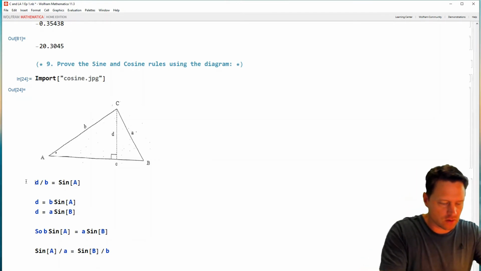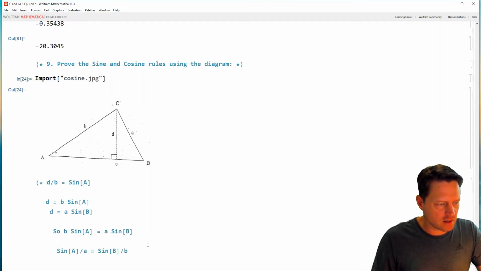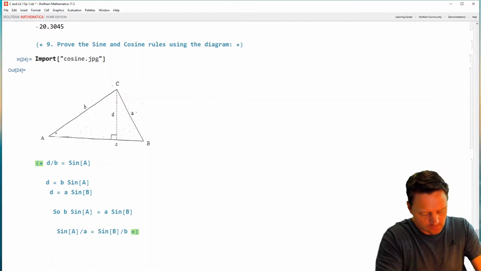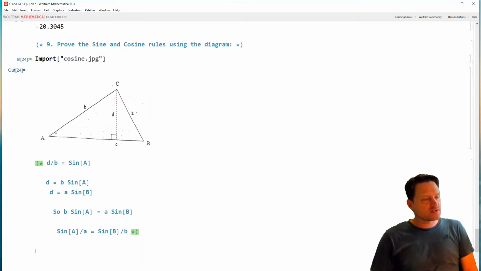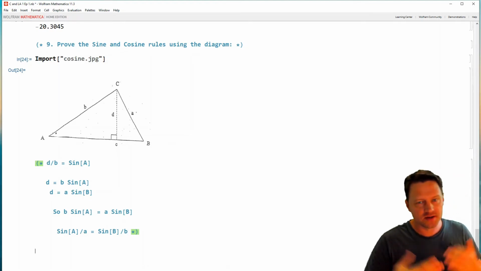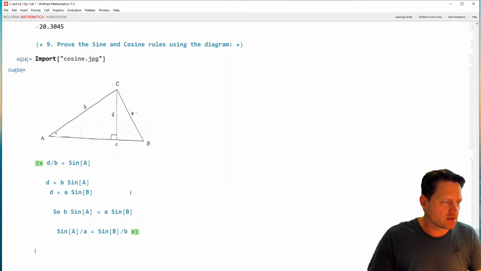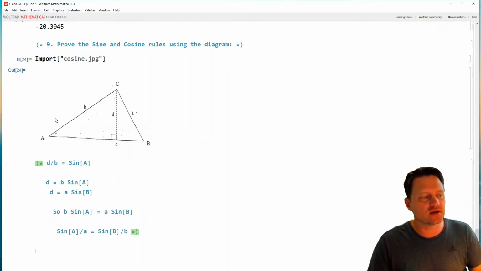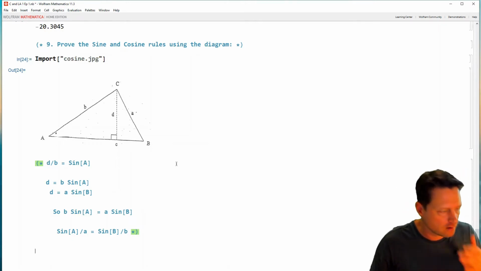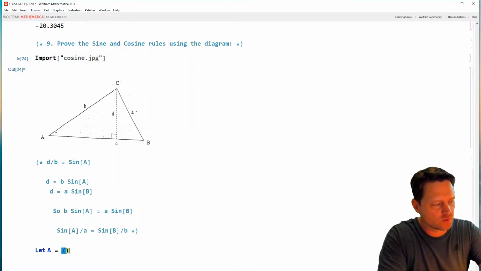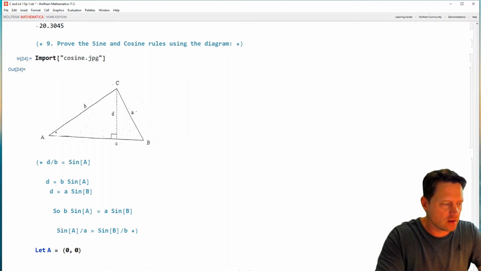I'll turn this into a comment, and then I'll work on the cosine rule next. Alright, so with the cosine rule, what we want to do here is introduce some coordinates for points, but we want to keep this simple. So I want to view A as a point. Let A be equal to the origin, which would be the point (0, 0).